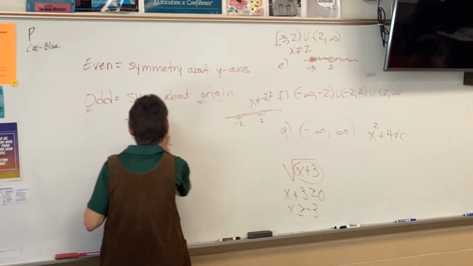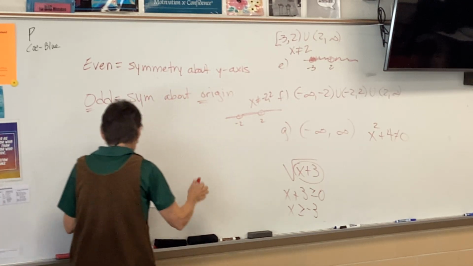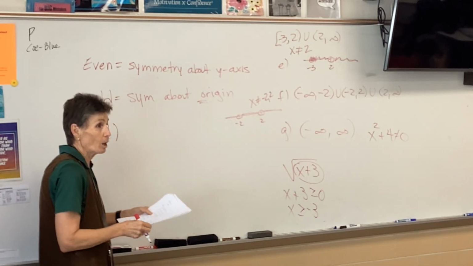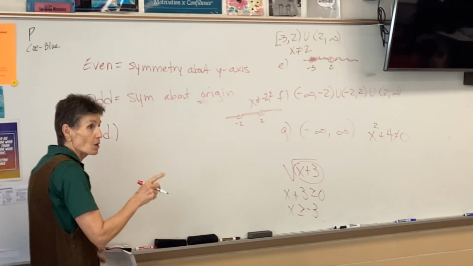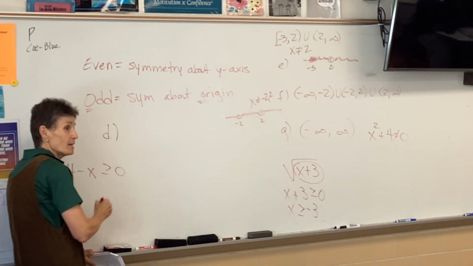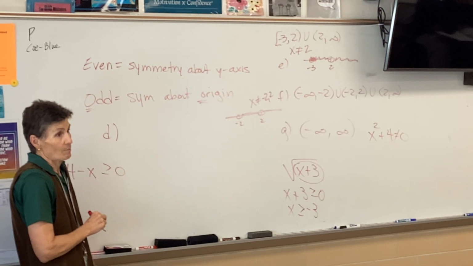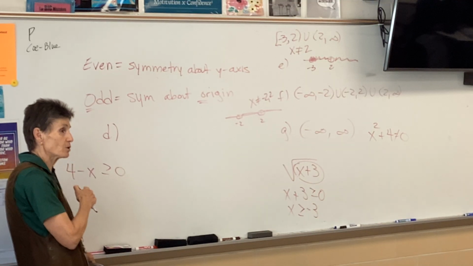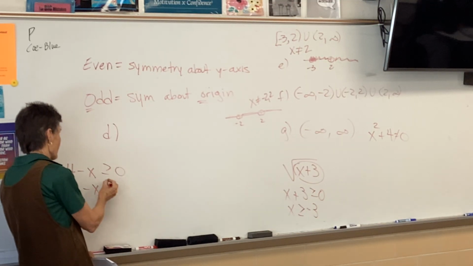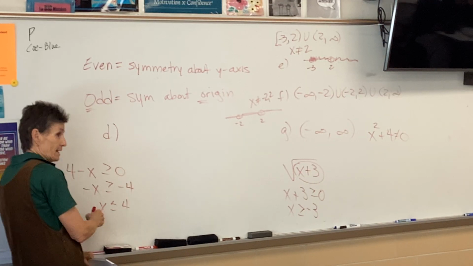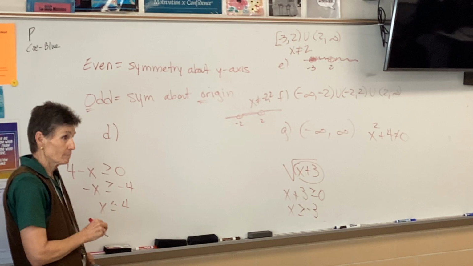Alright, there's a lot going on. Tell me what you can tell me about D. We're under a radical. So 4 minus x has to be bigger than or equal to 0. It has to be positive. Be careful when you solve that. I'm gonna have to switch my sign. So x is less than or equal to 4.